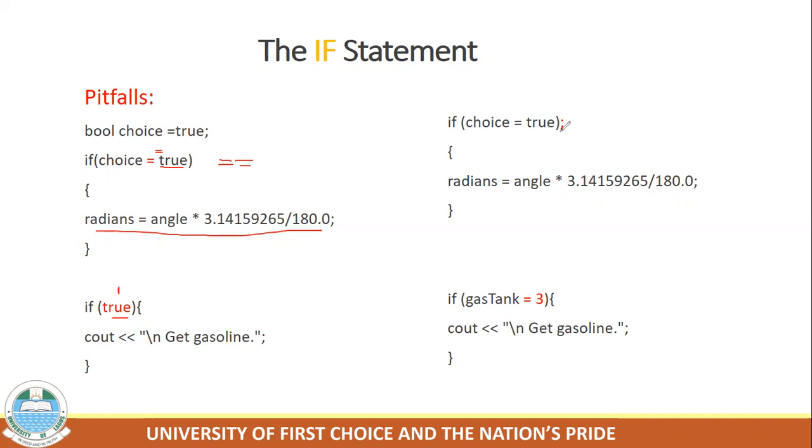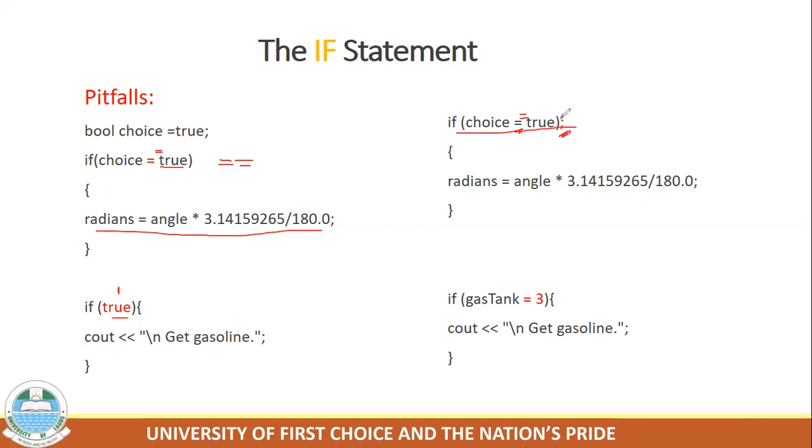Now let's look at another pitfall. Some of the mistakes people make is, after the syntax, if choice is true, we've already corrected that this should be double equal to, they then put a semicolon after the if statement.